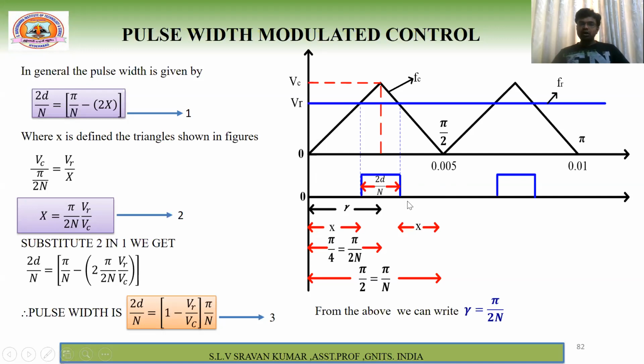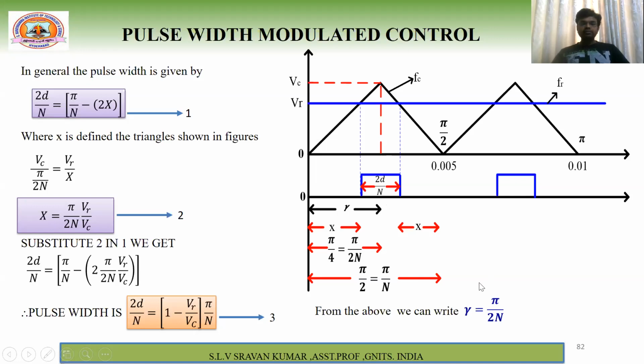Here also the device is not conducting, so that is also defined with x. Understand? And you already know this gamma. What is gamma? It is defined as the origin to the middle of the first pulse, right? So this gamma will be equal to pi by 2n. We can also write it like this.